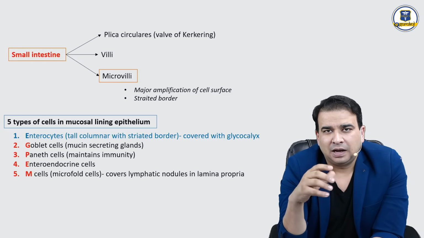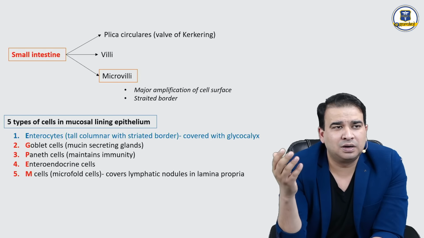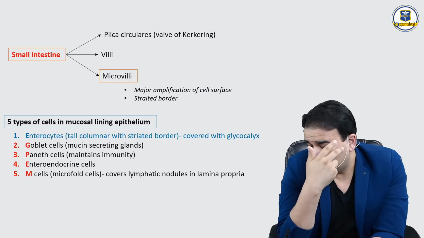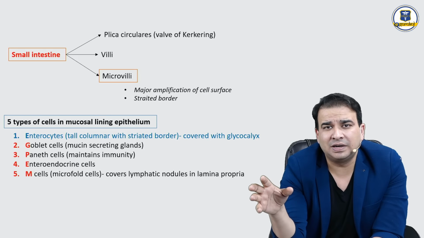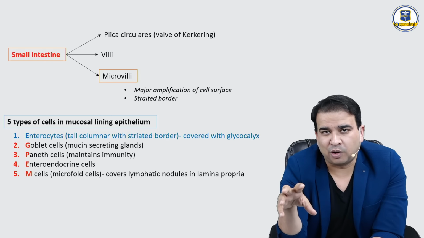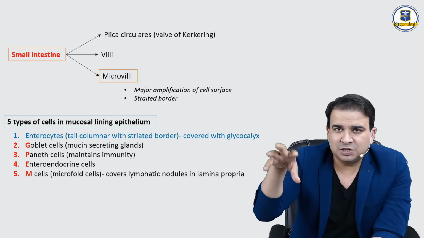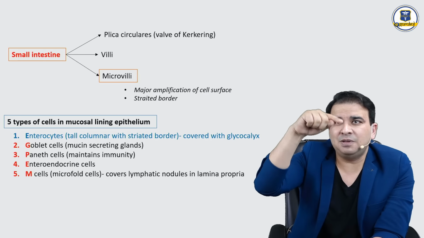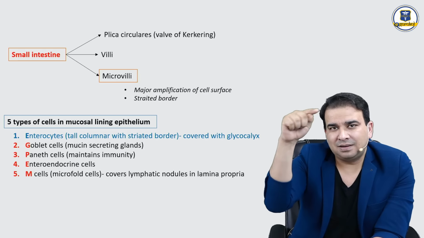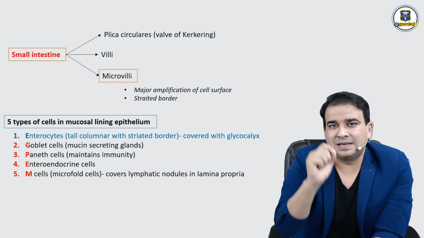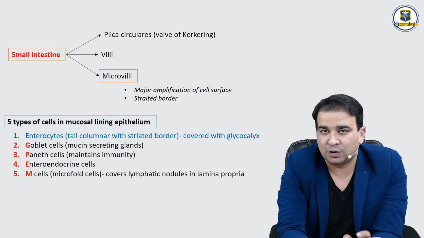Just to correlate with another question, whether it is gut-associated or respiratory-associated lymphoid tissue, they are all present in the lamina propria only. And the epithelium over that region is made of the cells called M cells, or microfold cells.